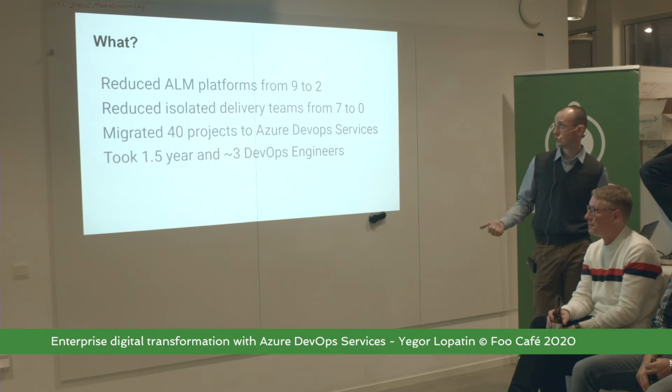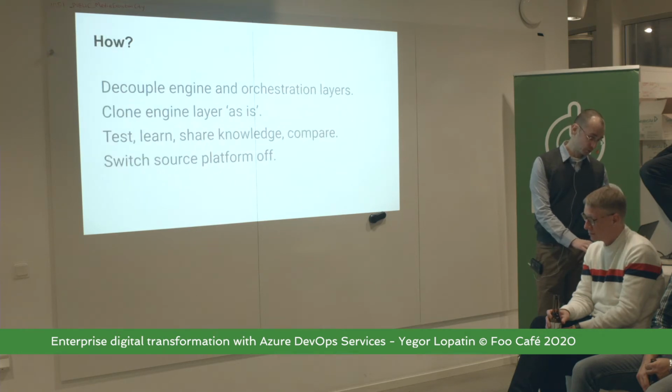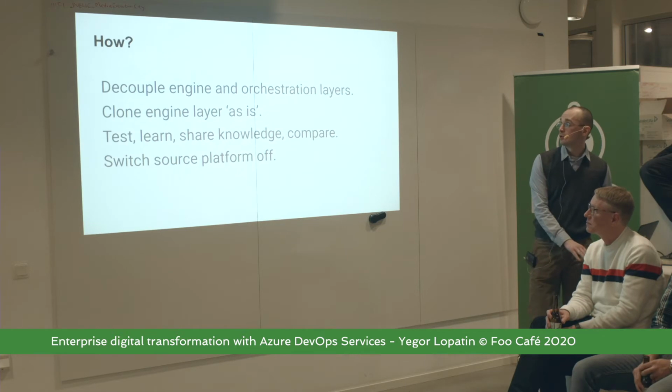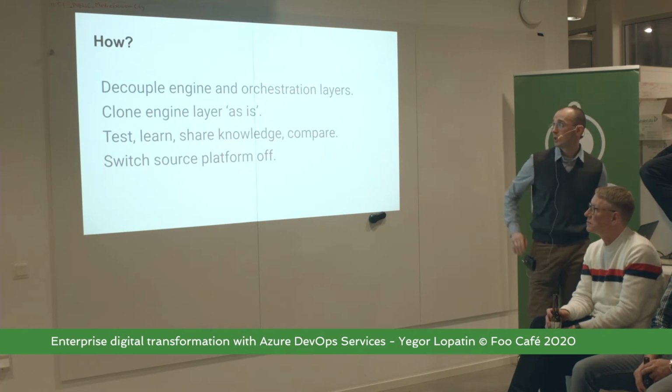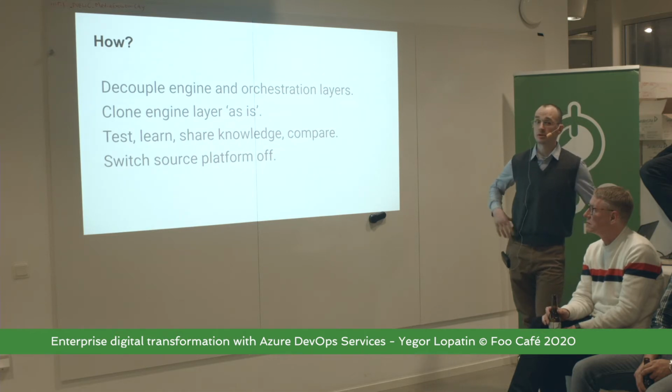We have migrated 40 projects, and as I told, on average 3 persons were involved. During this migration, we came up with such a flow. So first of all, we decoupled the engine from orchestration layers.